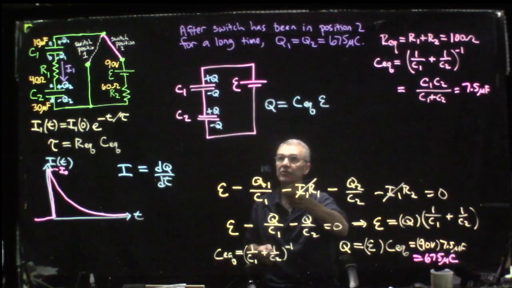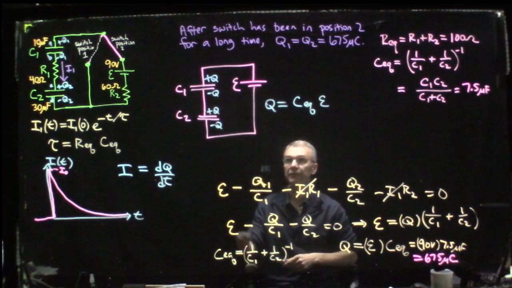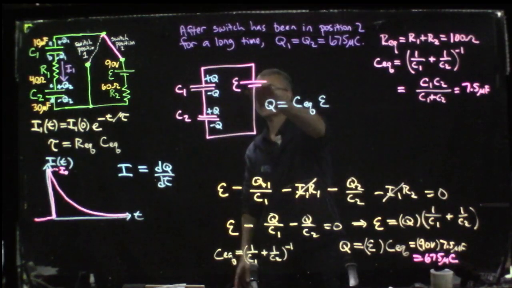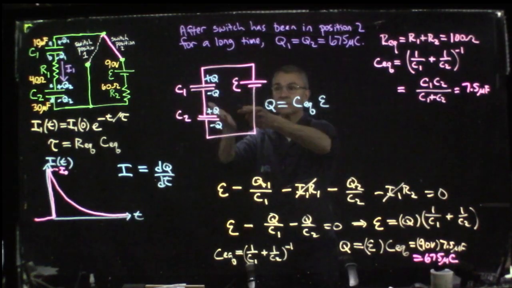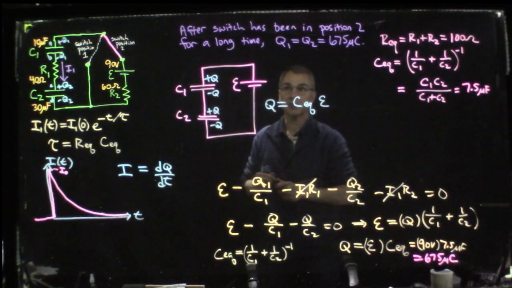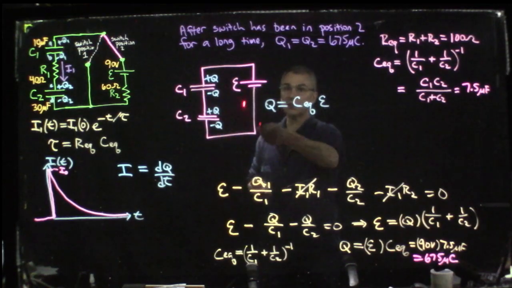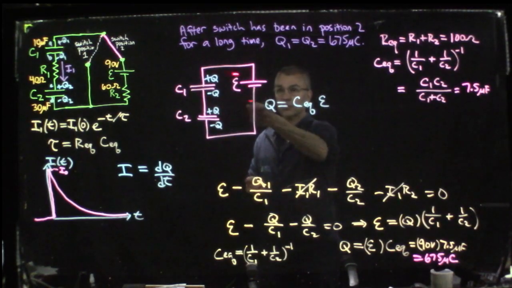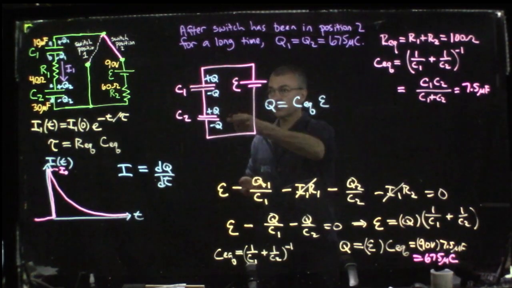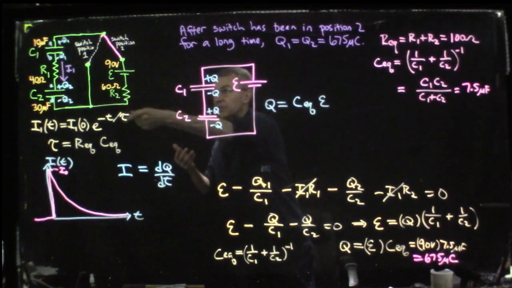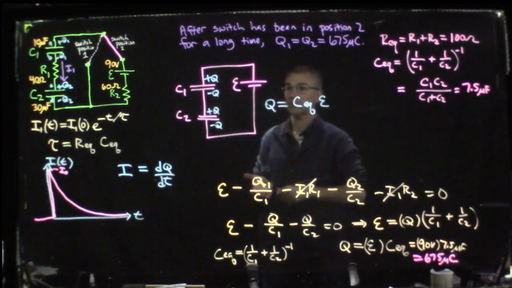So what this circuit looks like after a very long time is that we have the battery, and then there's no voltage drop across the resistor. So we can, for the moment, draw the circuit without them. And we have these two capacitors in series with each other. So we have the battery voltage, and again, it's the full battery voltage because this current is 0, so there's no IR drop for the resistors.